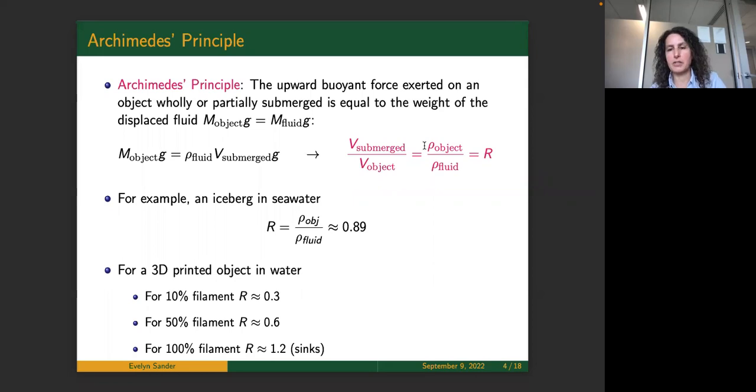It's going to be the density of the object divided by the density of the fluid, and that's what we're going to call R in what follows.